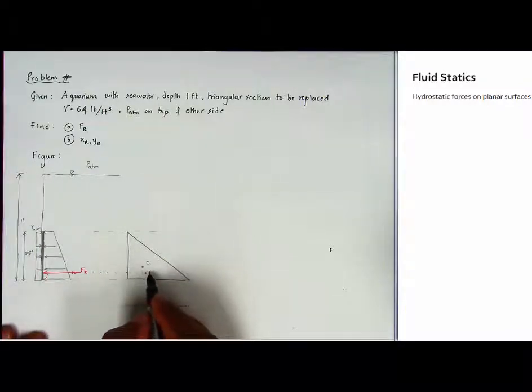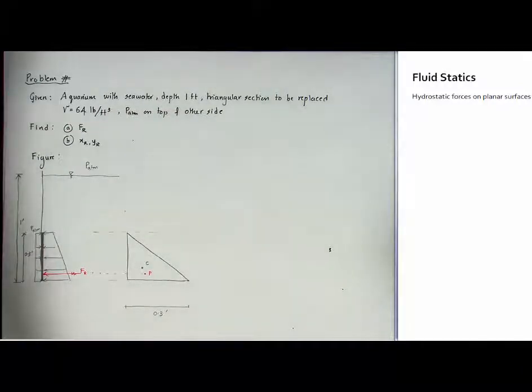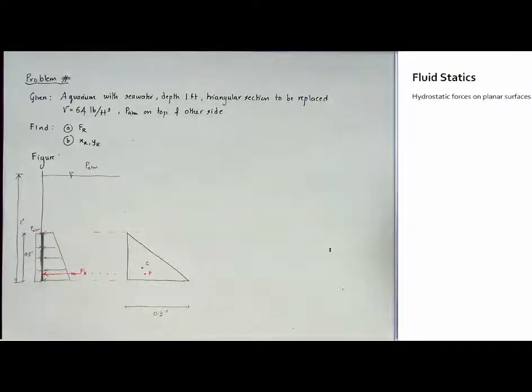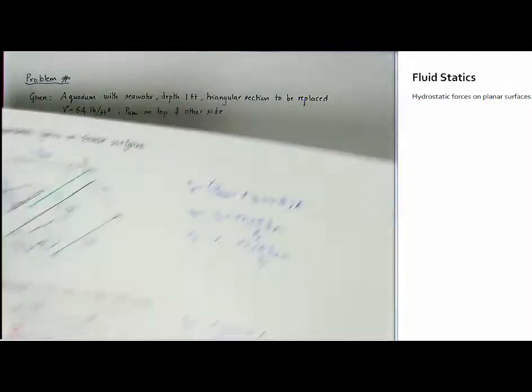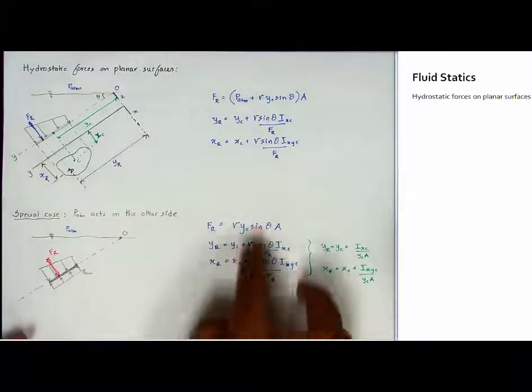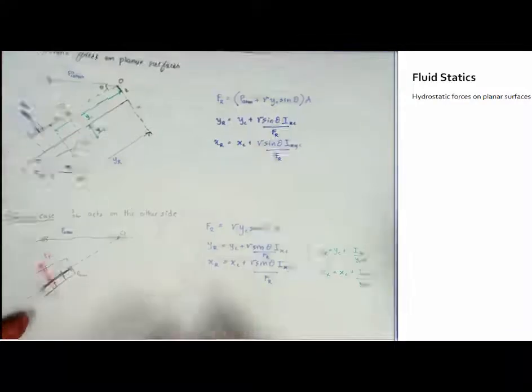That, let's say, is the center of pressure, somewhere below. Now for this particular problem, because there's P atmosphere on the top and on this side, we know it's this particular case. So I need to be using these set of equations, either these three or this and these two. I'm just going to go ahead and use these three.